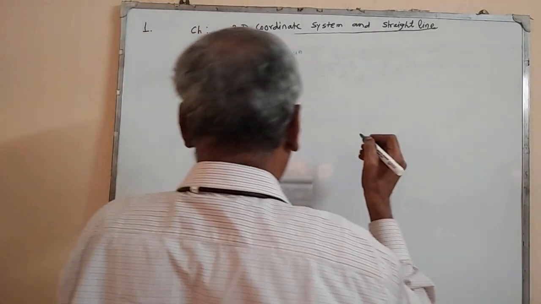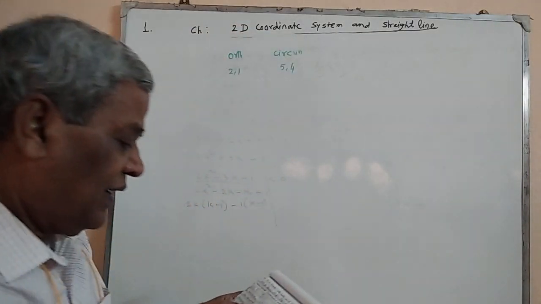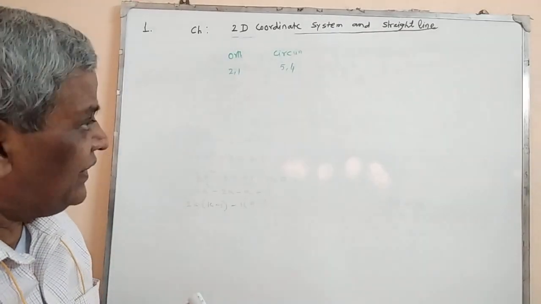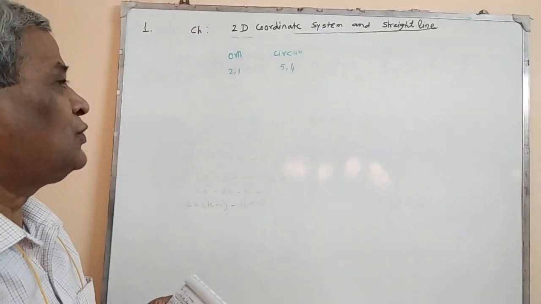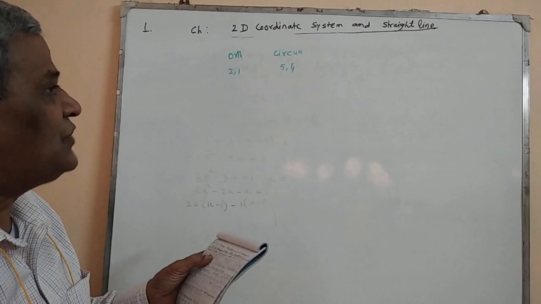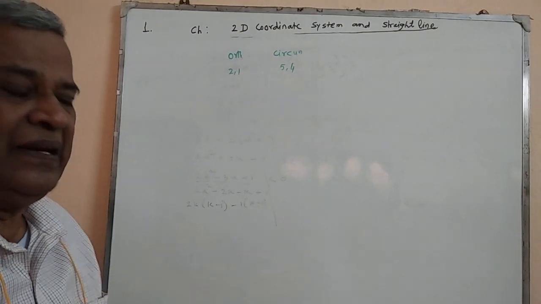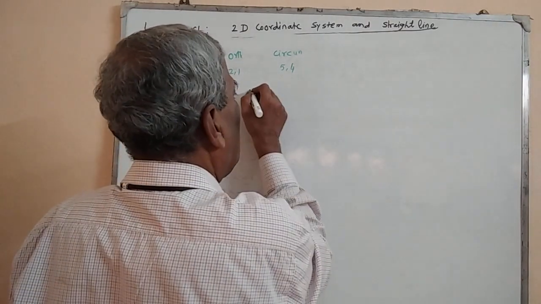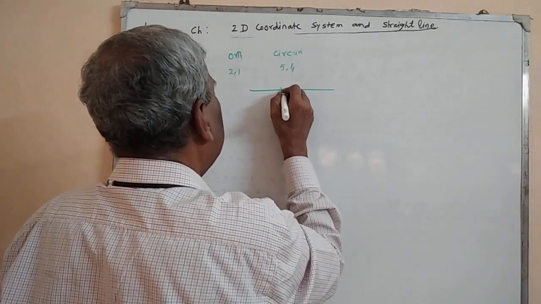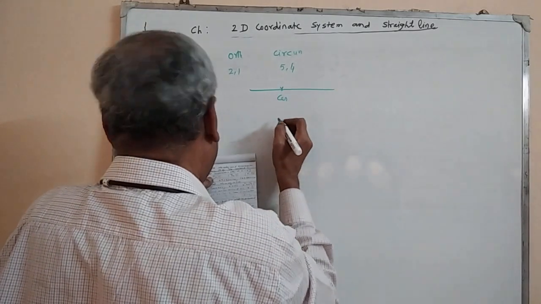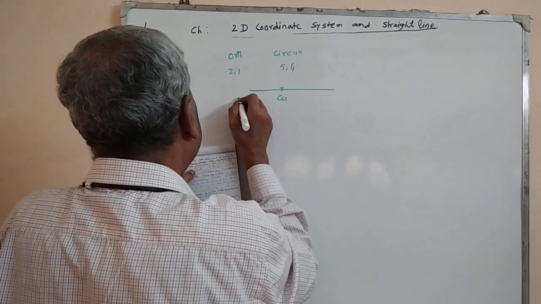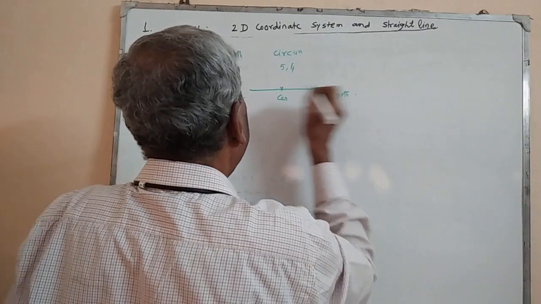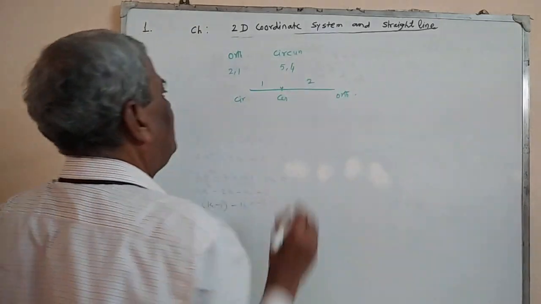Last day I told you that for any triangle, orthocenter, circumcenter, and centroid are collinear, and the centroid divides the circumcenter and orthocenter in the ratio 1:2.